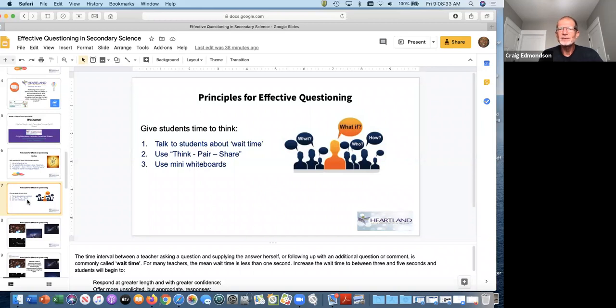Take about 10, 15 seconds to give students a chance to incorporate their thinking, process the information you've just provided, process their own thinking skills to come up with an answer. It's not that they're avoiding your question. In many cases, they want to use the time to process their answers.